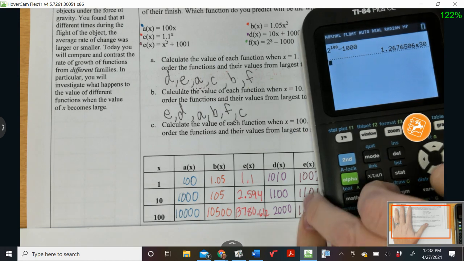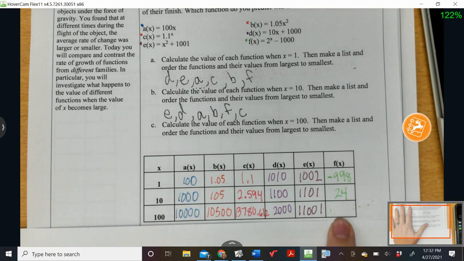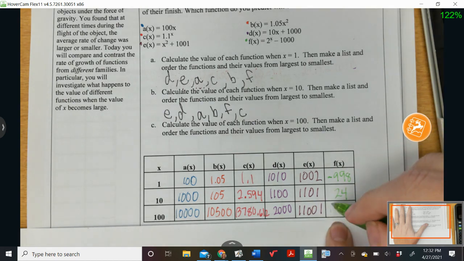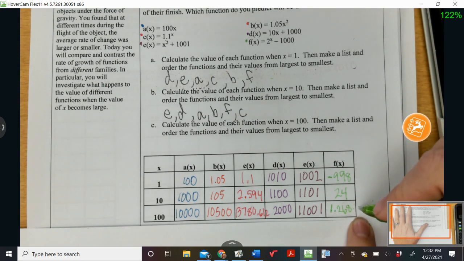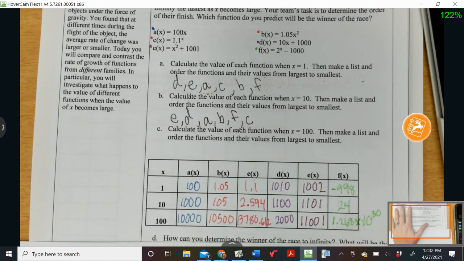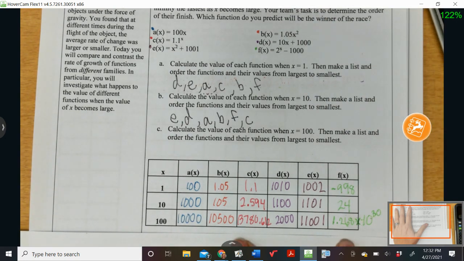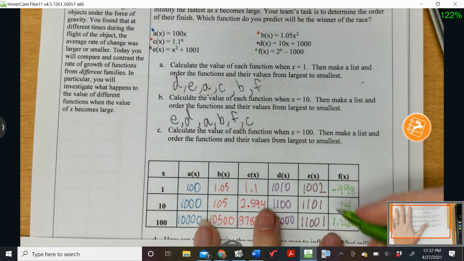So I'm going to go ahead and write it down, 1.268 times 10 to the 30th power, which is over a billion, over a trillion. This is huge. A billion has 9 zeros. This has 30 zeros. This is a huge number.